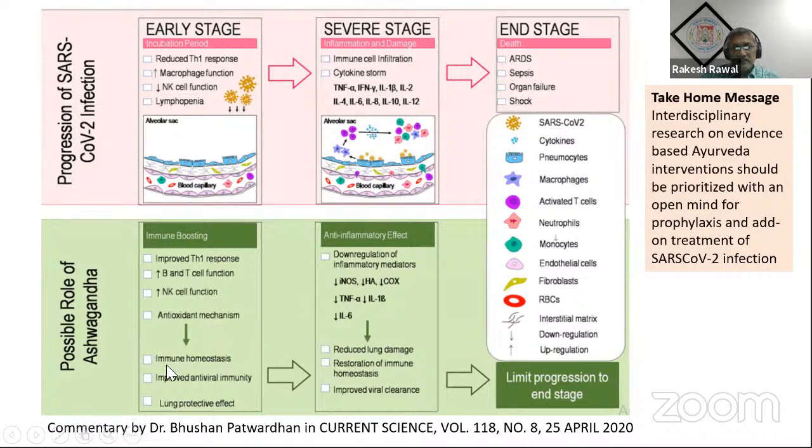And since these are antioxidants, there is a much more anti-inflammatory effect of this rasayana and its constituents, and it downregulates various inflammatory mediators like COX, iNOS, TNF-alpha, IL-1 beta, IL-6, and therefore reduced damage is caused.